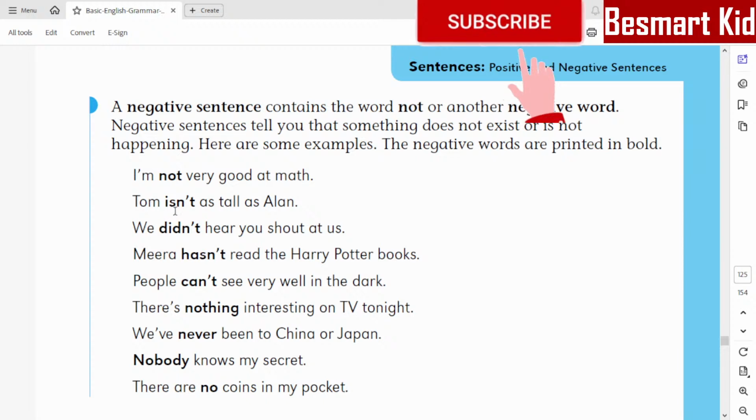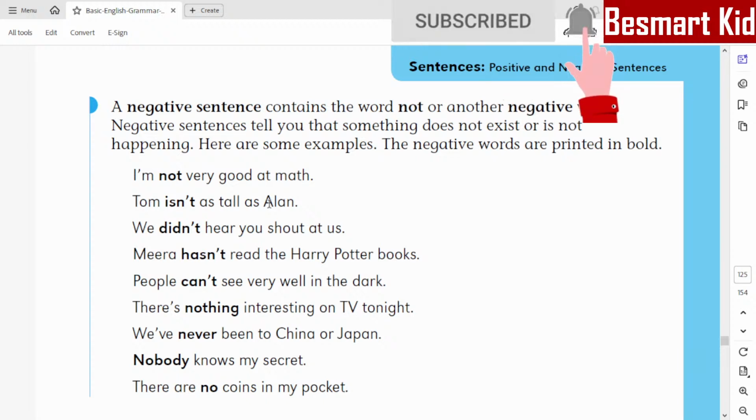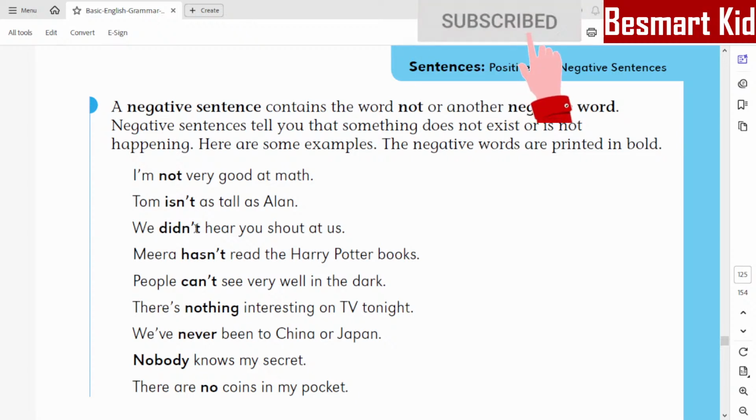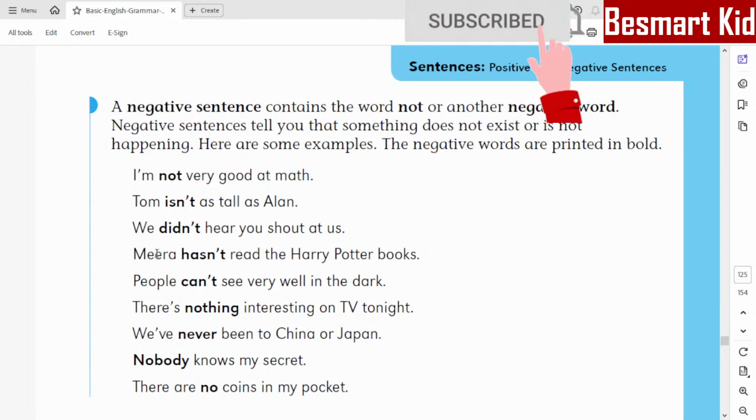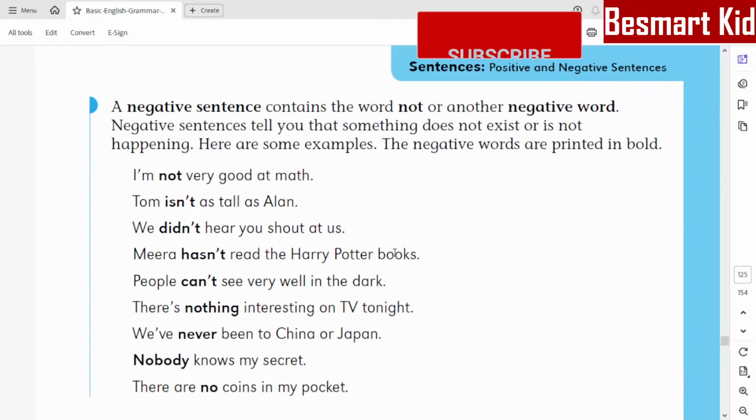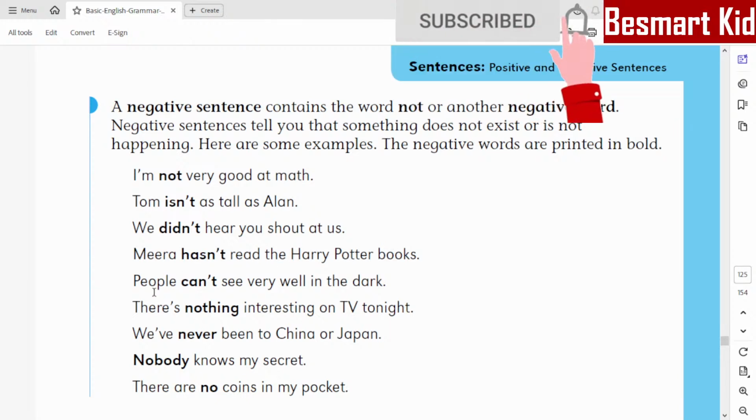Tom isn't as tall as Alan. We didn't hear you shout at us. Mira hasn't read the Harry Potter books. People can't see very well in the dark.